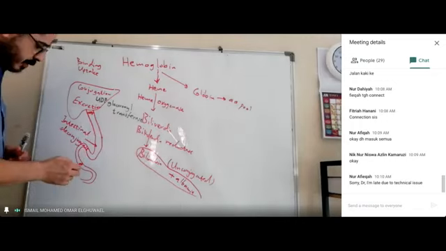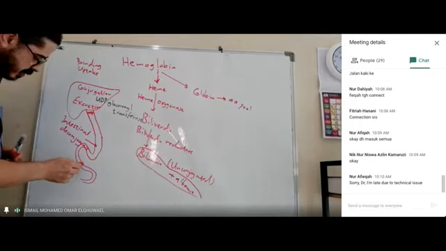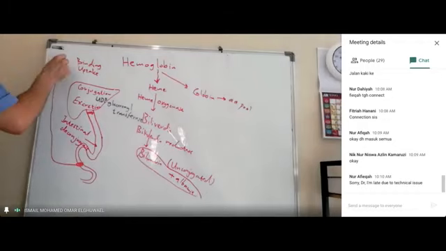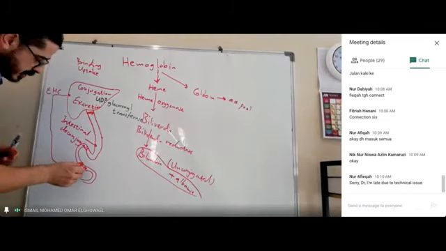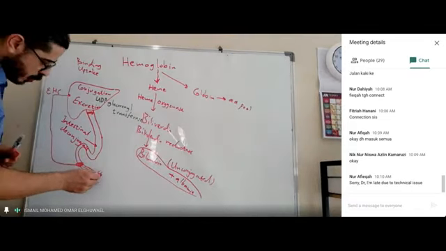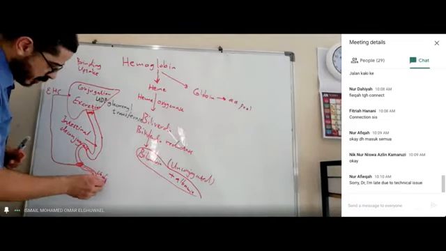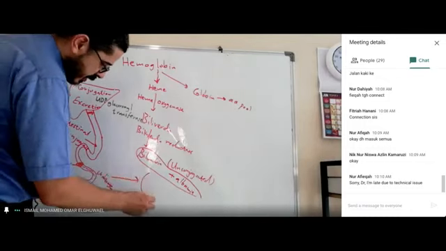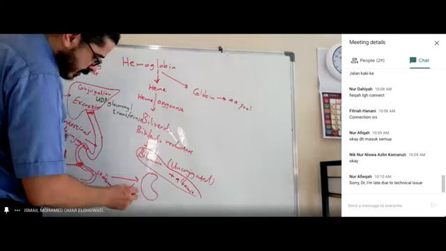The bilirubin which is released here goes for enterohepatic circulation. The part which does not go to enterohepatic circulation becomes urobilinogen by the action of bacteria, and then goes to the kidney and becomes urobilin.